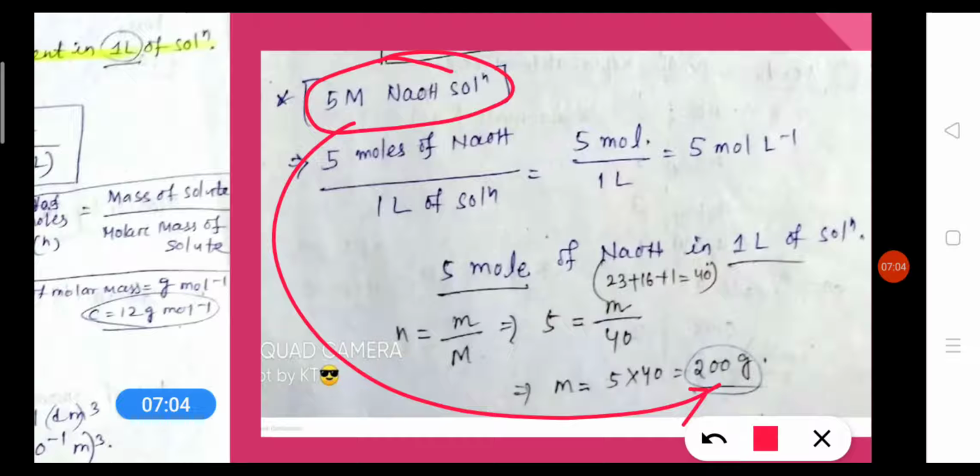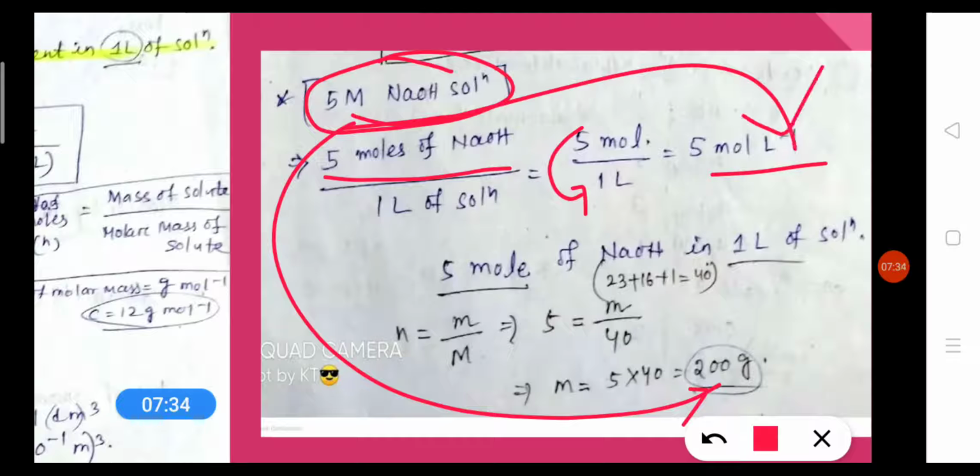In practical classes we have to determine the strength of a solution, we have to add the amount of solute required for the needed concentration. Then in 5 molar NaOH solution, how much NaOH is present? 5 molar means 5 mole of NaOH present in 1 liter of solution. 5 molar means 5 mole per liter. So 5 mole NaOH in 1 liter solution.